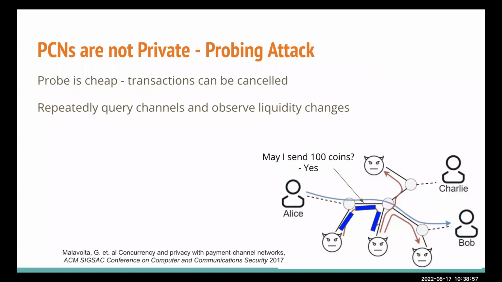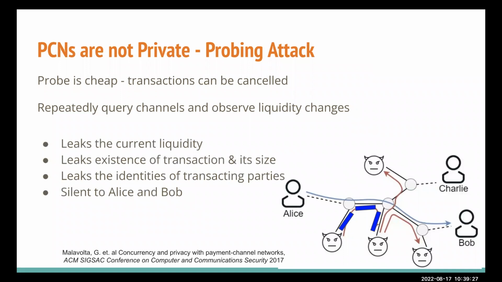Cool, thank you, I will cancel the transaction. A second later, he will just query that again, and a second later, again. Each time he gets a yes. But then the fourth time that he queries the network, he maybe gets the answer, no. So an attacker that observes these changes in the network can just react to them and, for example, ask, hey, can I send 50 coins?